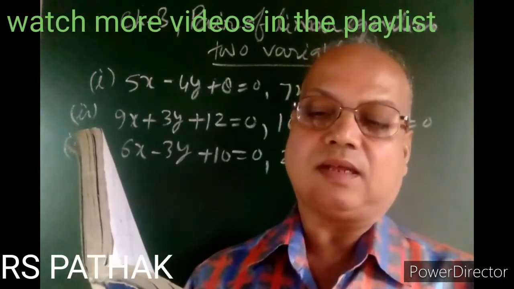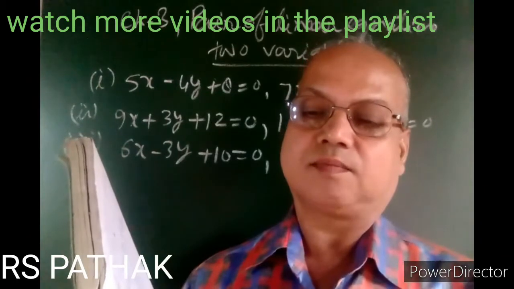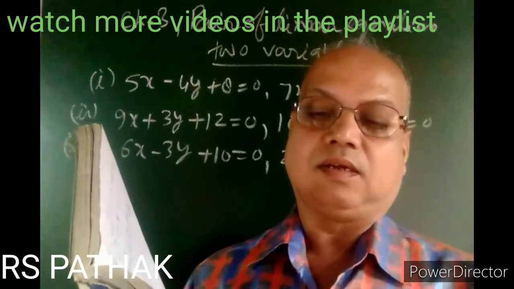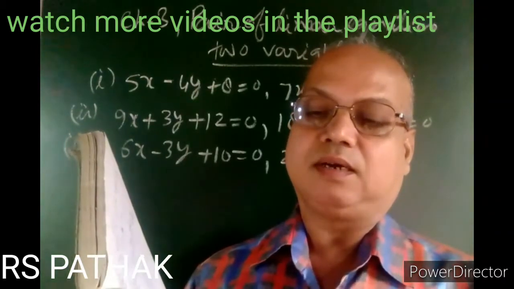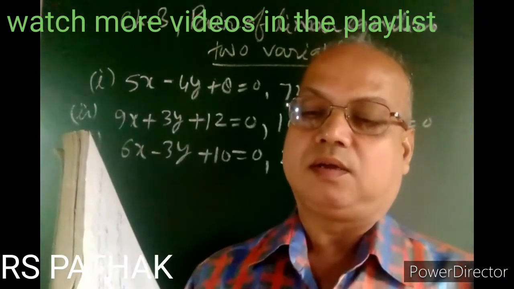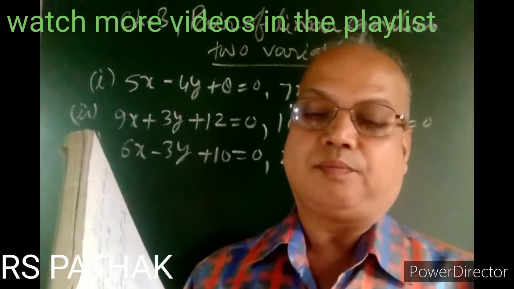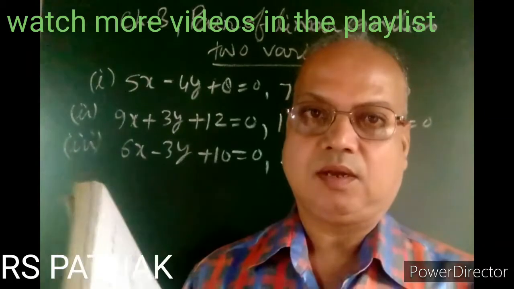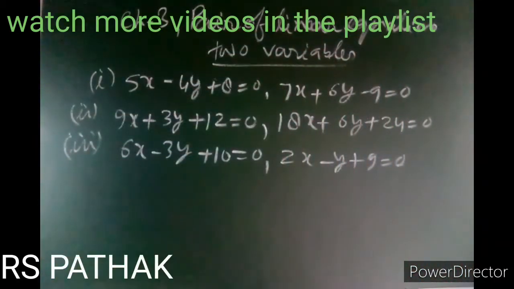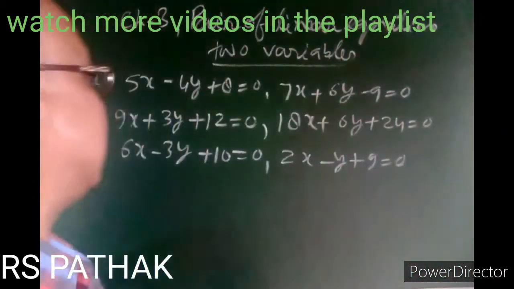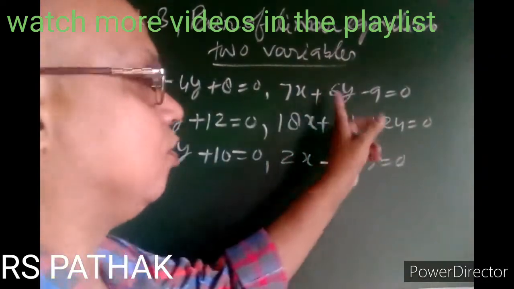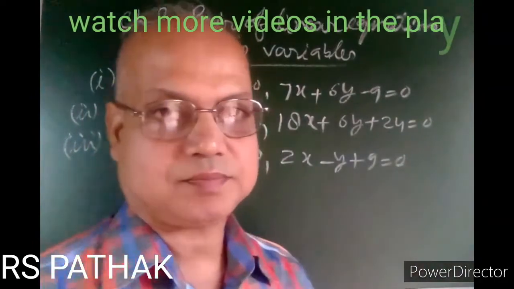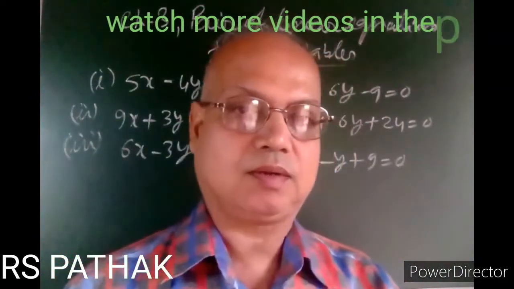Find out whether the following pairs of linear equations represent parallelism, coincidence or unique solution. You have to show that this pair of lines will represent a unique solution, no solution or infinitely many solutions.